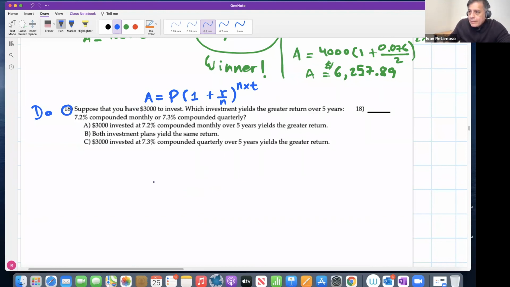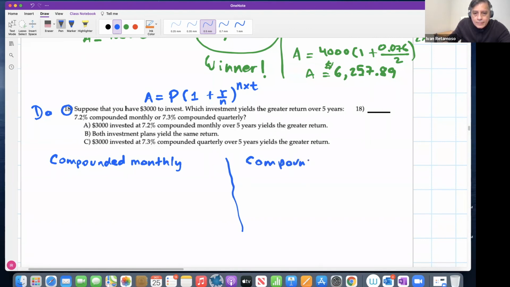One is compounded monthly, and the other scenario is compounded quarterly. Yeah, do both.